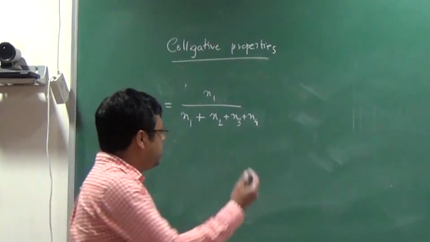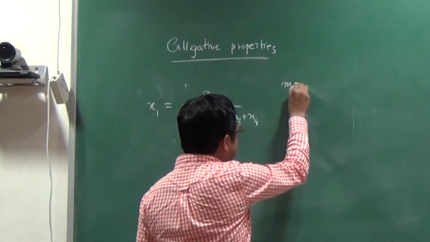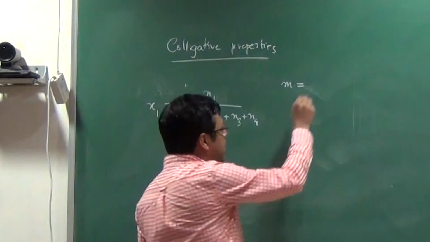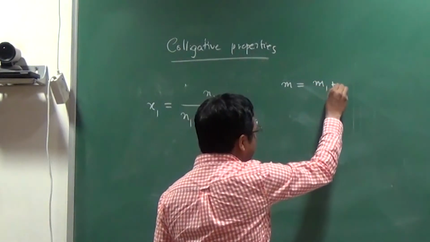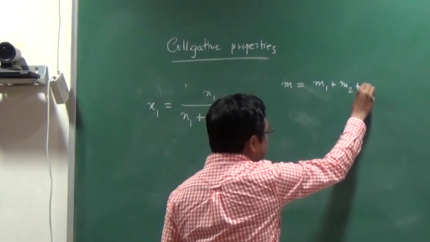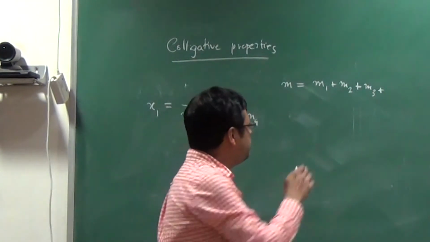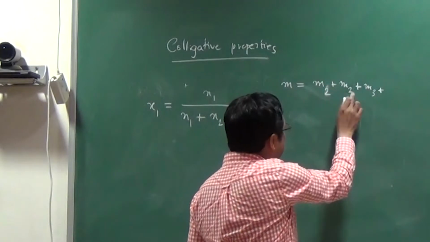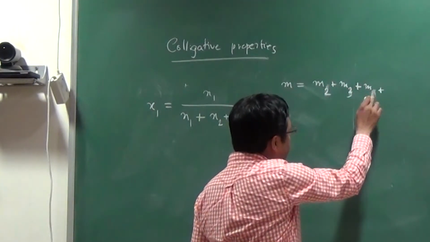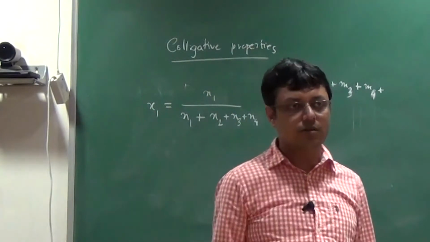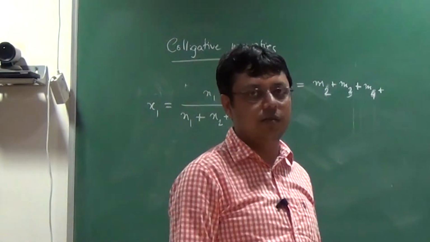Now let us assume that M is basically the molality. Molality means the total molality. And M is nothing but M2 plus M3 plus M4, where M2 is the molality of solute 2. Sorry, I should not write it as 1. We will start from 2, 3, 4, something like that. Because 2, 3, 4 are all solutes, and 1 I am keeping for solvent.